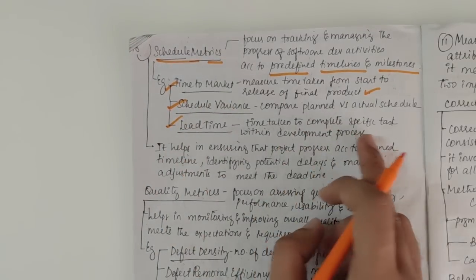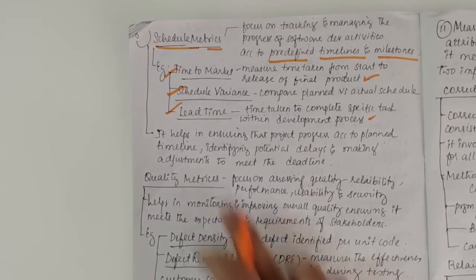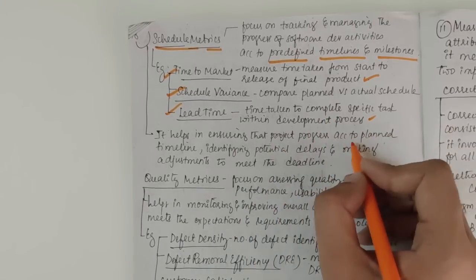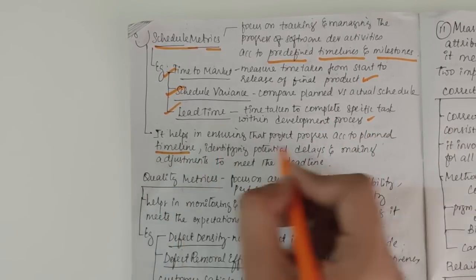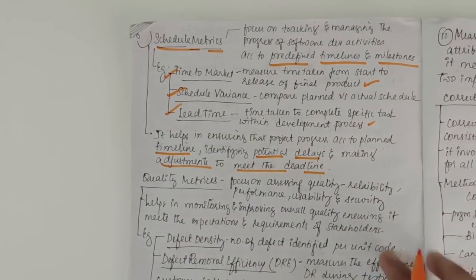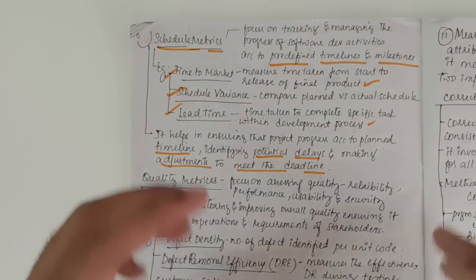Lead time is the time taken to complete specific tasks within a development process. Schedule metrics help us in ensuring that the project progresses according to the planned timeline, identifying potential delays and making adjustments to meet the deadline. If we have predefined timelines, it becomes easy for the team to identify where they are lagging behind and work accordingly to meet the deadlines.